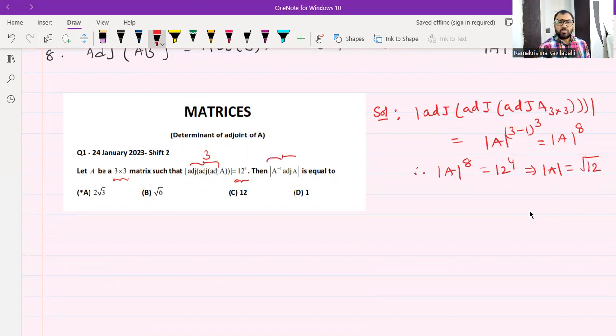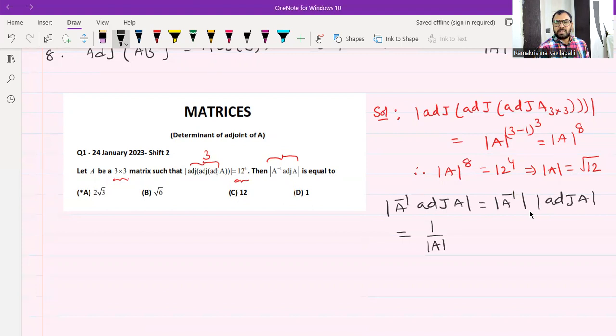Now they are asking what is the determinant of A inverse into adjoint of A. You can write det of AB equals det A into det B. So this is det A inverse into determinant of adjoint of A. Now use the properties: this is nothing but 1 by det A, and determinant of adjoint of A for 3 by 3 is det A whole square.